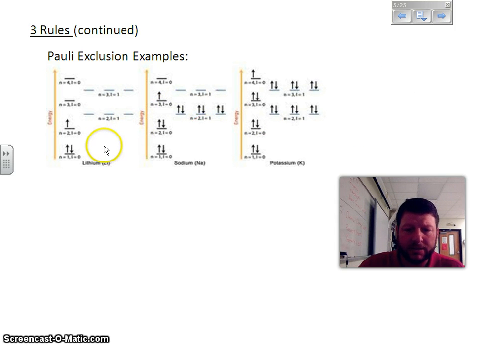All right. And what happens here is that the electrons will fill each energy level first. So here's what takes place. All right. And it happens in the 2p orbitals first.